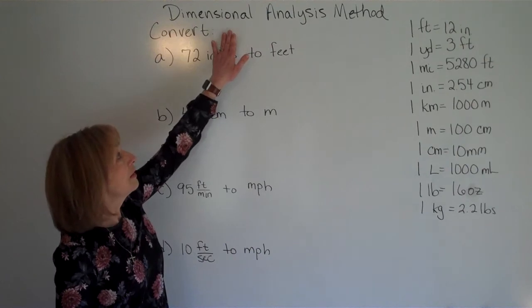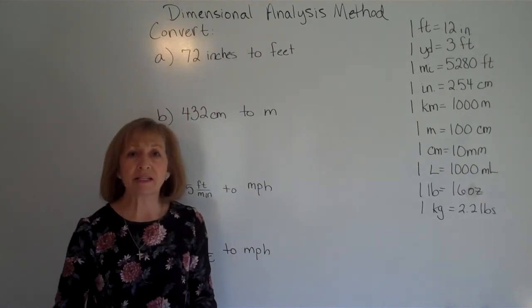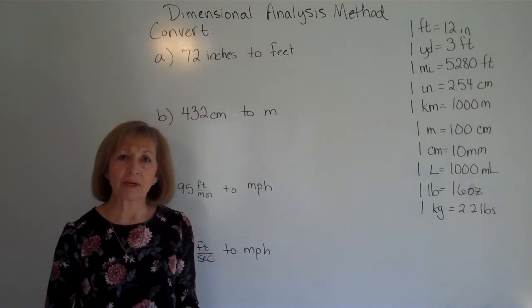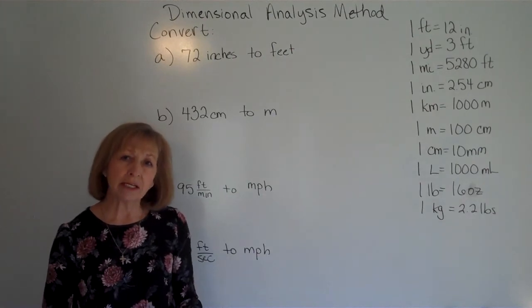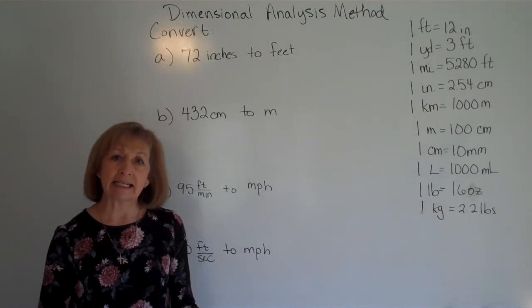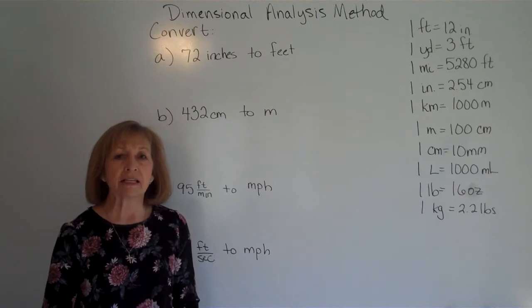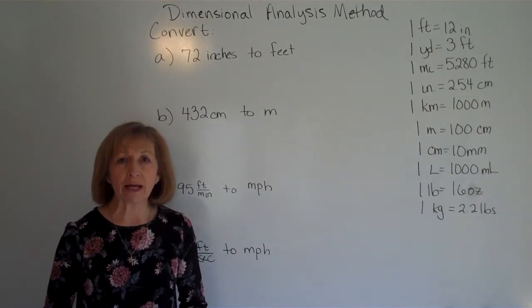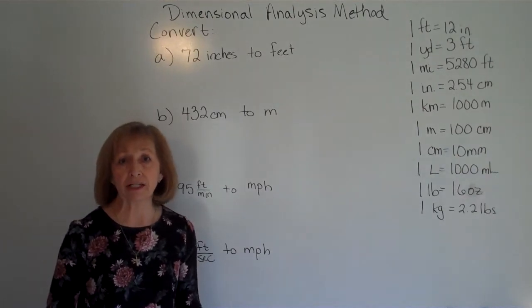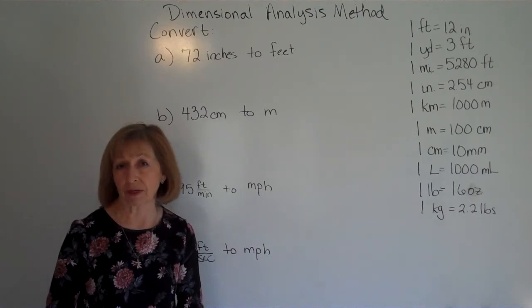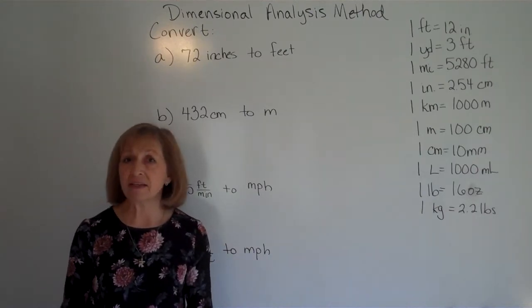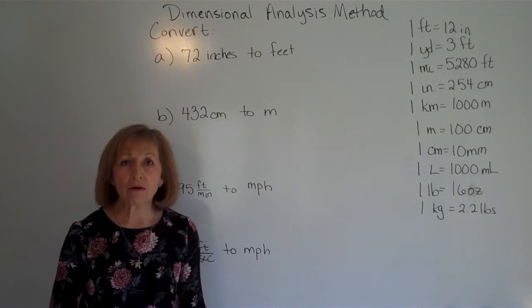With the dimensional analysis method, one thing we always need to remember is the identity property for numbers: if you take a value and multiply it by 1, you don't change the value you originally started with. So 7 times 1 is 7, 12 times 1 is 12.